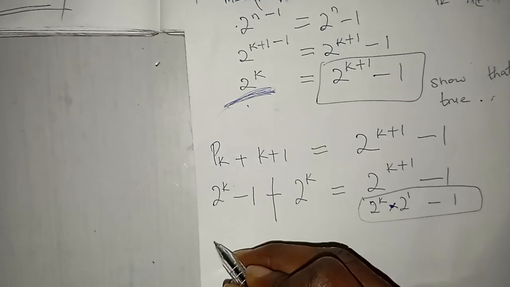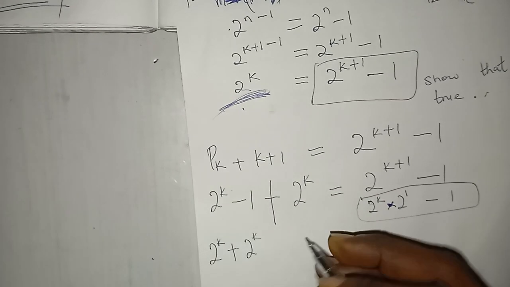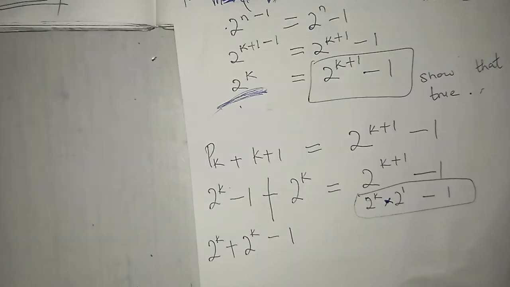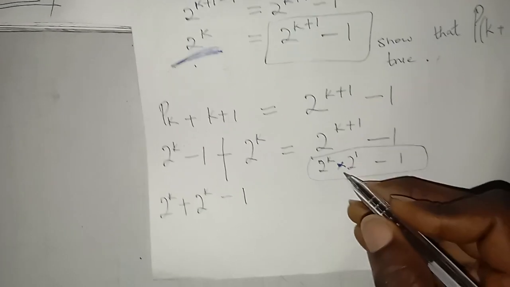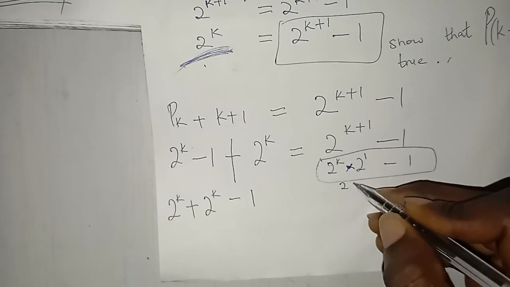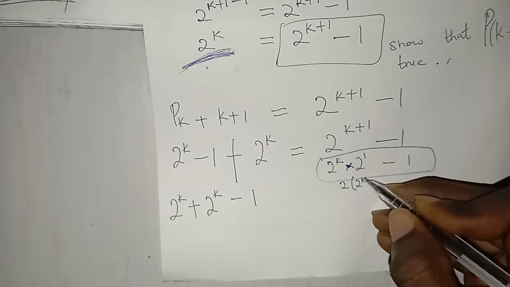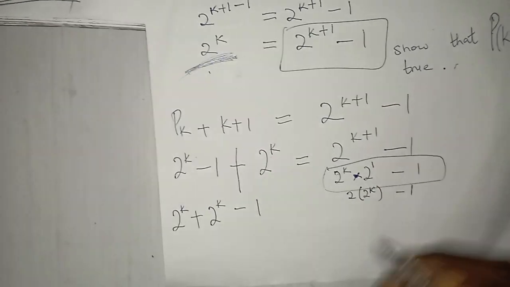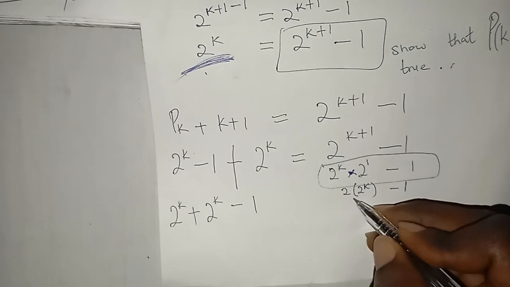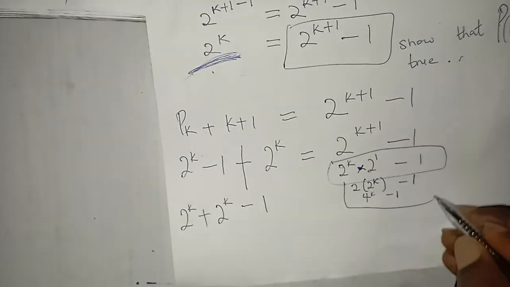So notice that this side, I have 2 raised to power k, 2 raised to power k. This is the same thing as saying 2 raised to power k plus 2 raised to power k, minus 1. And notice that this thing I have here is the same thing as saying 2 into 2 raised to power k minus 1. And notice that this is also the same thing as saying 4 raised to power k minus 1. Whichever way I want to see it.